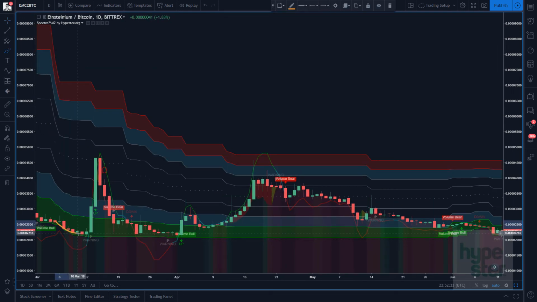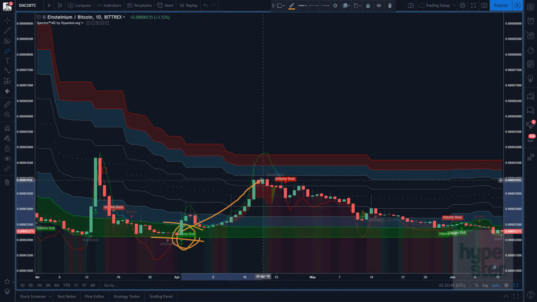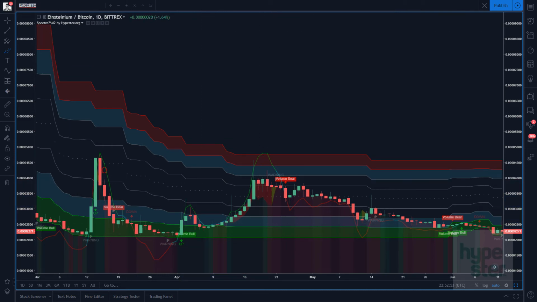There's the first sign of resistance, of reversal, and that's when I want to get in again. When you have an up, with a volume bull, in the bullish channel, that's when the odds are in your favor.